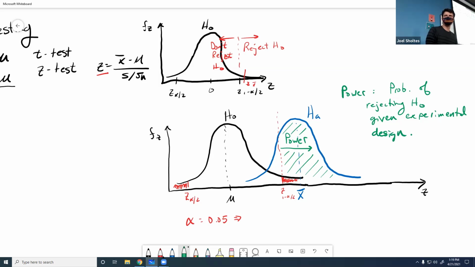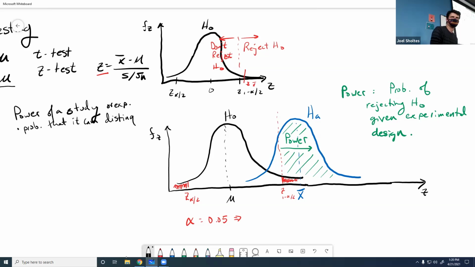So put a different way, and I'll write it over here. The power of a study or experiment is the probability that it can distinguish an effect of a certain size.